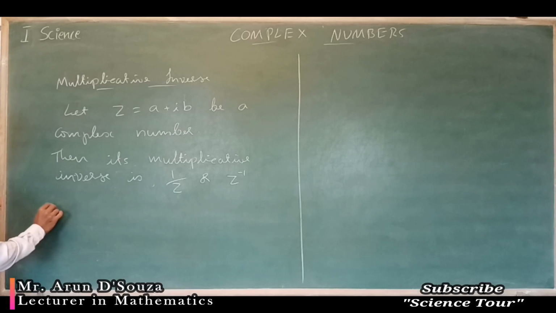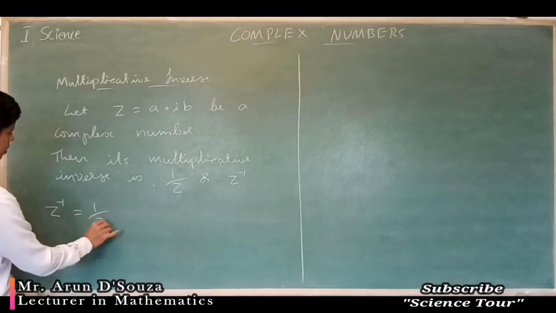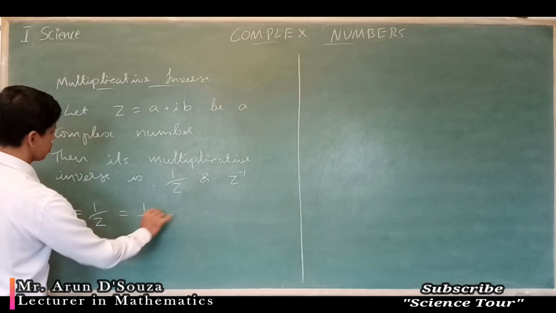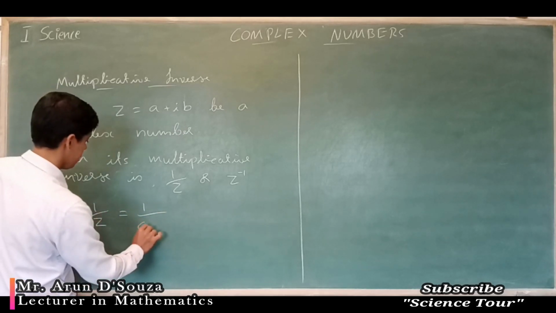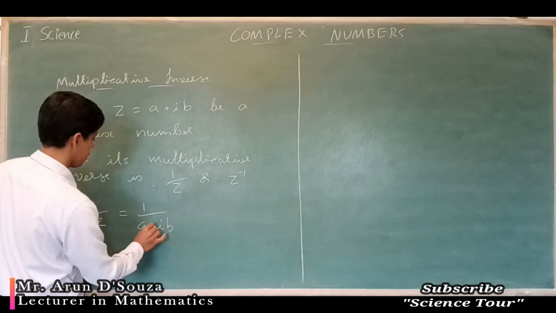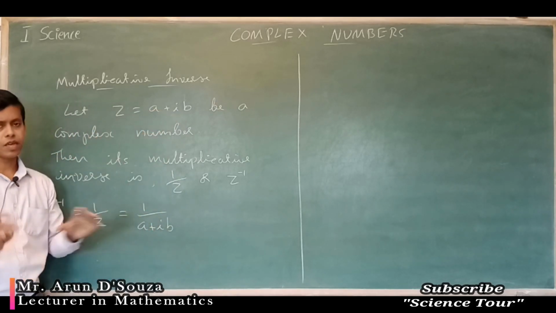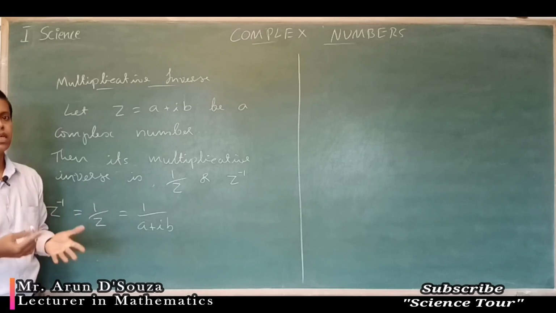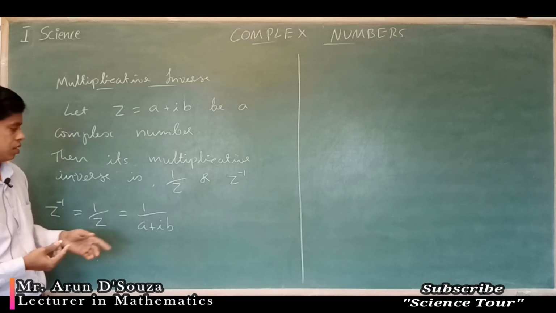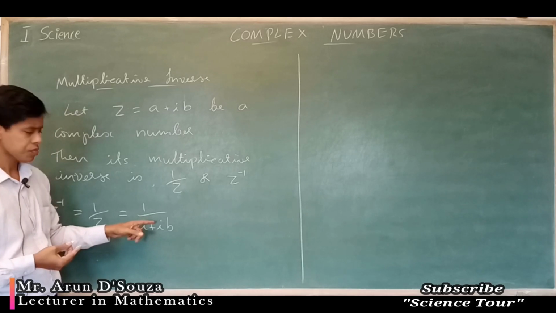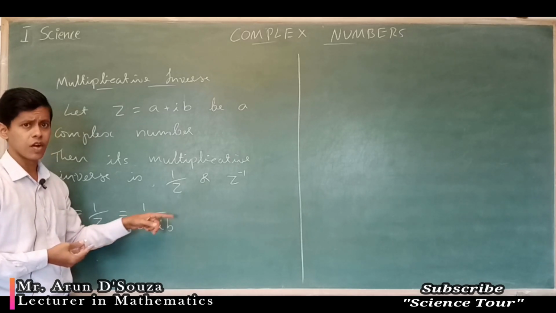See, I'll start with the z inverse. That is equal to 1 by z, correct? And that is equal to 1 by a plus ib. So what am I doing? I'm just replacing z by a plus ib. Next, you know the multiplicative inverse already.